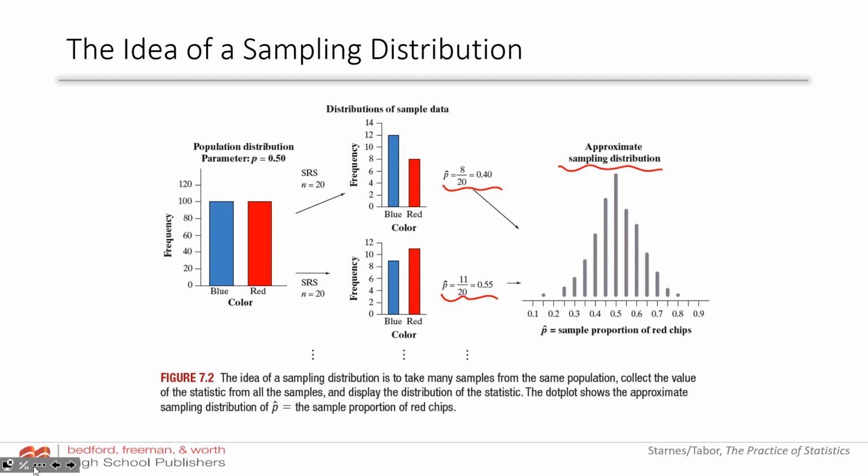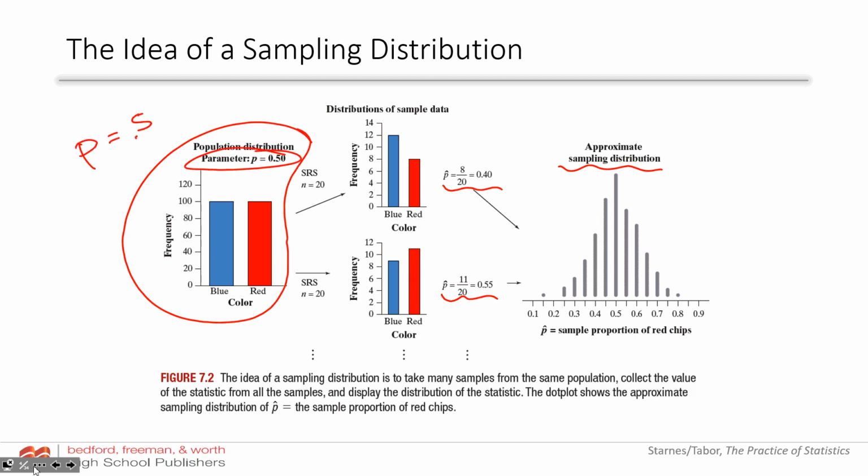So think about it. If the population parameter tells me that 50% of the chips are red, this sampling distribution, in the purple, should kind of make sense. Most of my individual sample p hats were close to 50%.